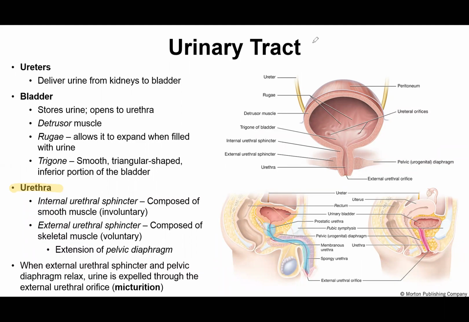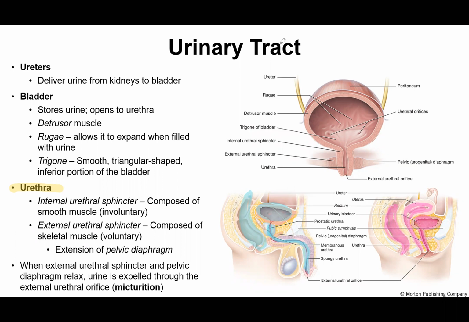Other thing I want to point out is that in the male, we have the male bladder, which is actually sitting anterior only to the rectum, whereas in females, we have the bladder, and then we have this thing called the uterus, and then we have the rectum.